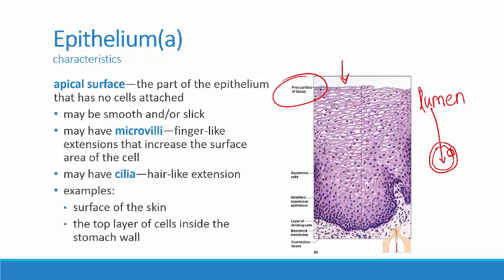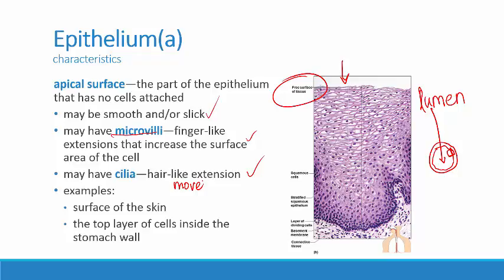And so these surfaces, they can be smooth and slick, or they might have structures that we've talked about already, the microvilli. These are the non-moving extensions that are there to increase the surface area of a cell. Sometimes this apical surface, or free surface, may have cilia. These are the hair-like extensions that wave and move fluids past the free surface.